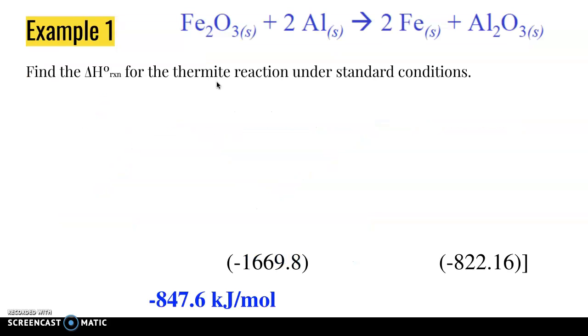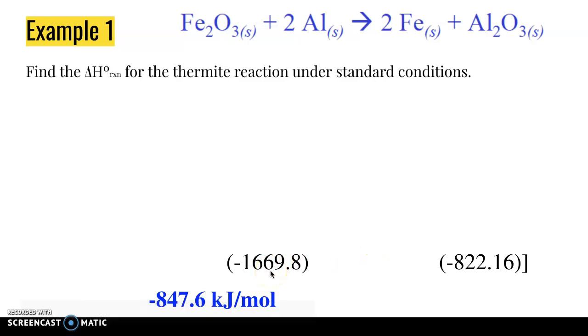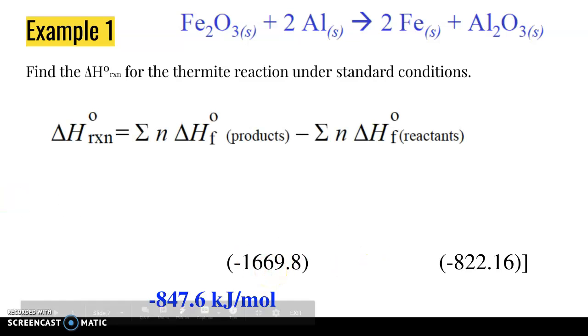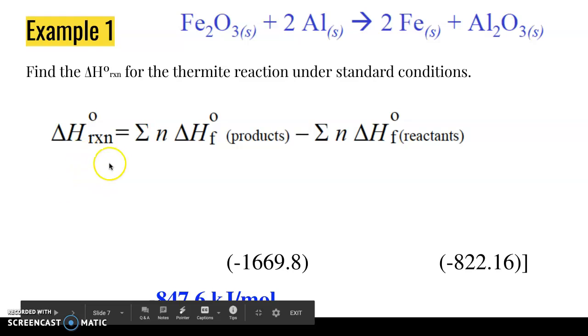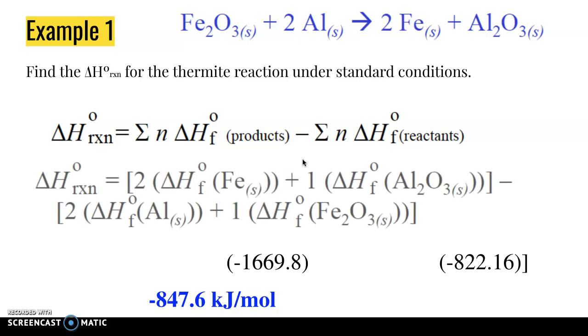So here we have a few examples. We want to find the standard enthalpy of reaction for the thermite reaction that is given above in blue under standard conditions. Oh, I did not format this correctly. That's fine. Little spoilers. So your heat of reaction is again going to be equal to the heat of formation of the products minus the sum of the heat of formation of the reactants, and of course multiplied by their coefficients.